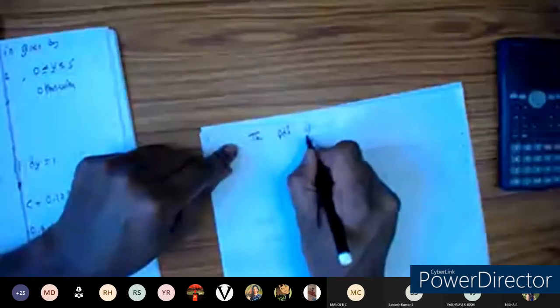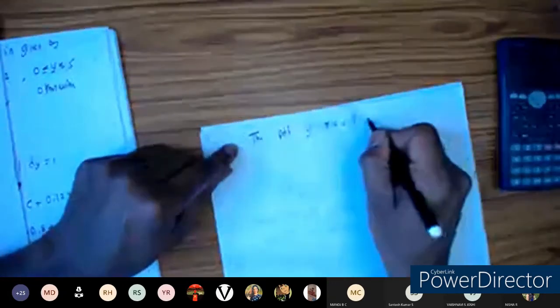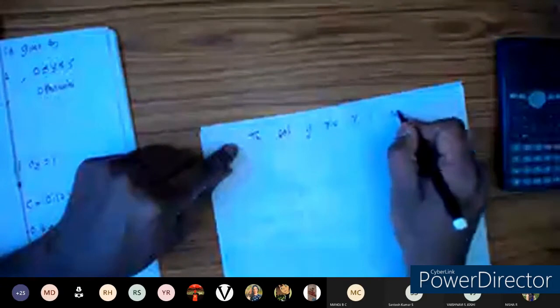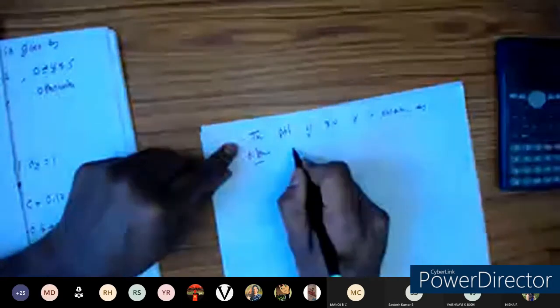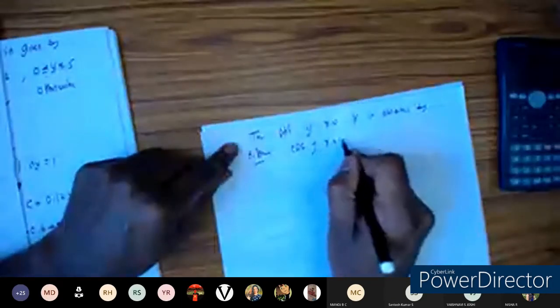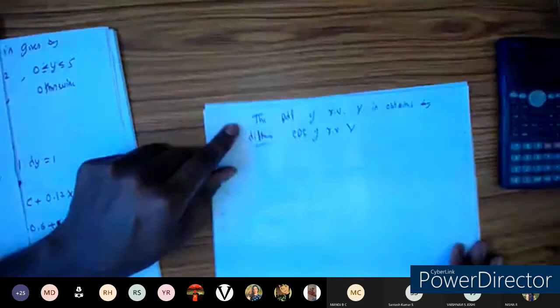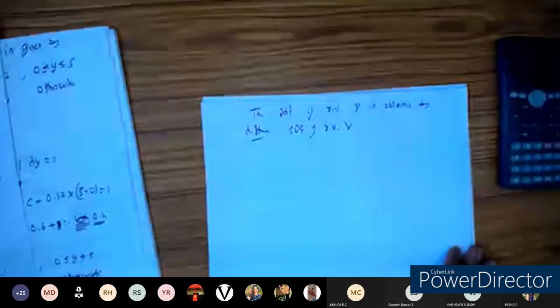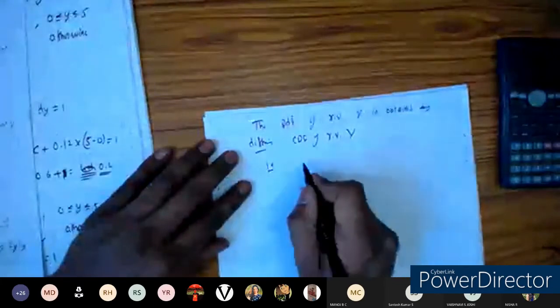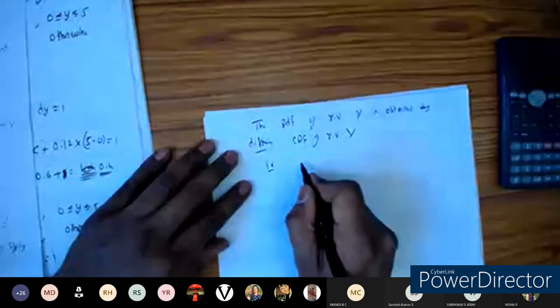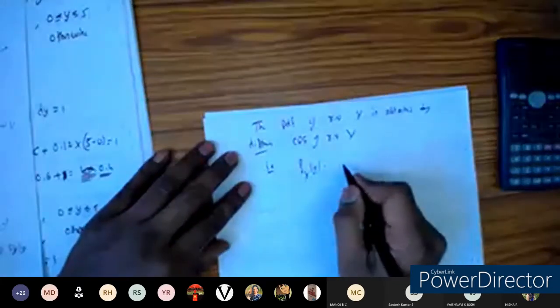The PDF of random variable y is obtained by differentiating the CDF of random variable y here. So that is given by small f_Y(y), where small f denotes the PDF.